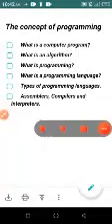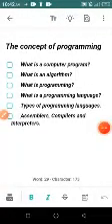The computer doesn't understand Queen's English, it doesn't understand French, it doesn't understand Latin or any human language. What it understands is computer language, that's the zeros and ones.